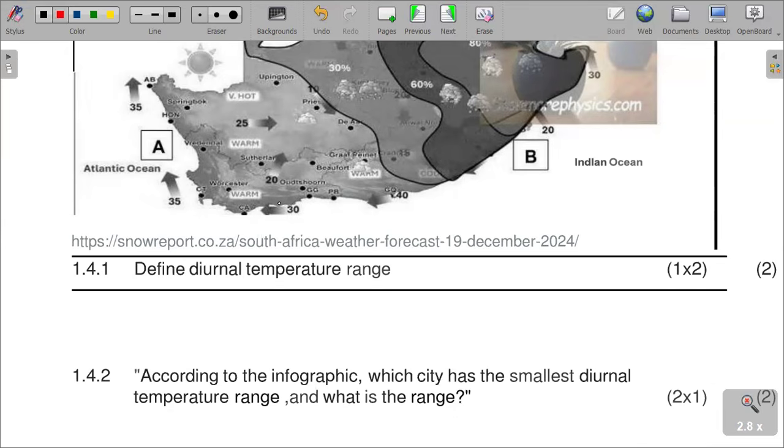So now, define the general temperature range.